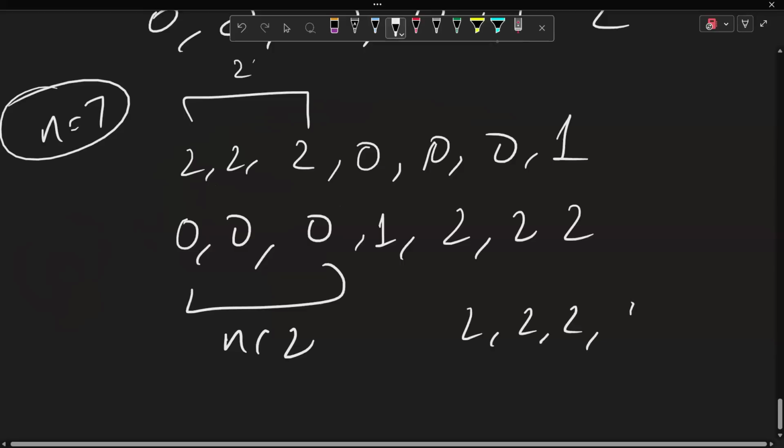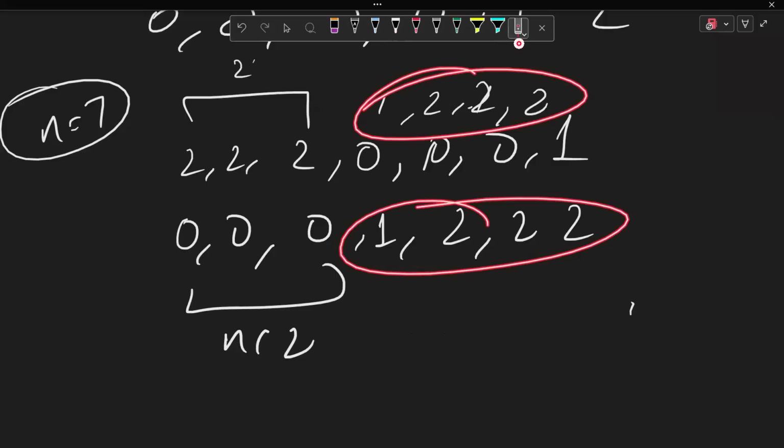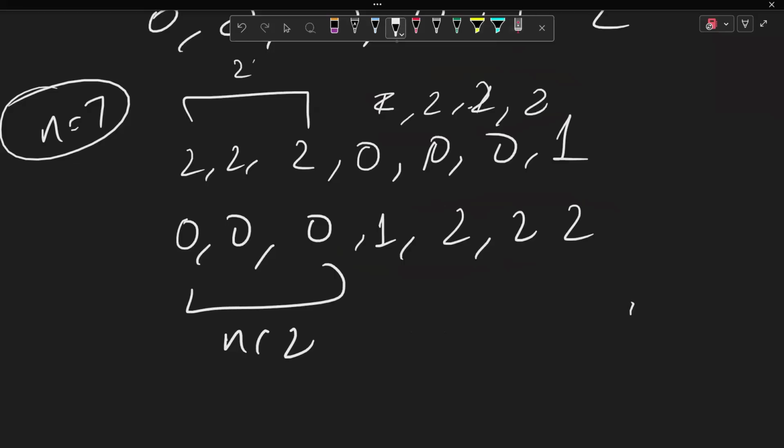So what is the worst case? Either after making the swaps you would already have 1 2 2 2, then ahead you won't need a swap, or maybe you don't have 1 2 2 but you have some 2 and 1. Okay, then you would need one swap for that one.